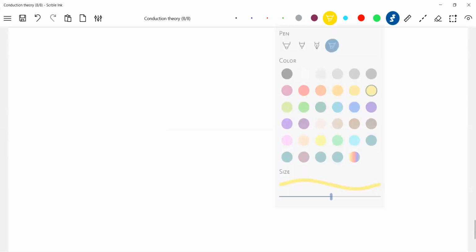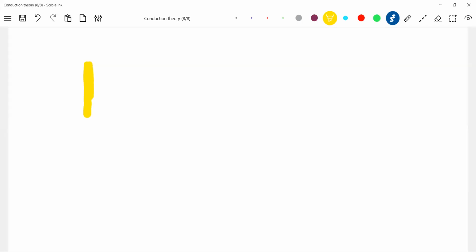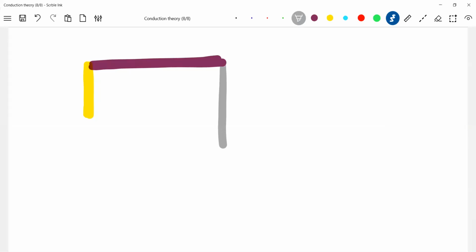Let's take the next one. I will make it thick. This is of length 3L by 4, and L by 4.